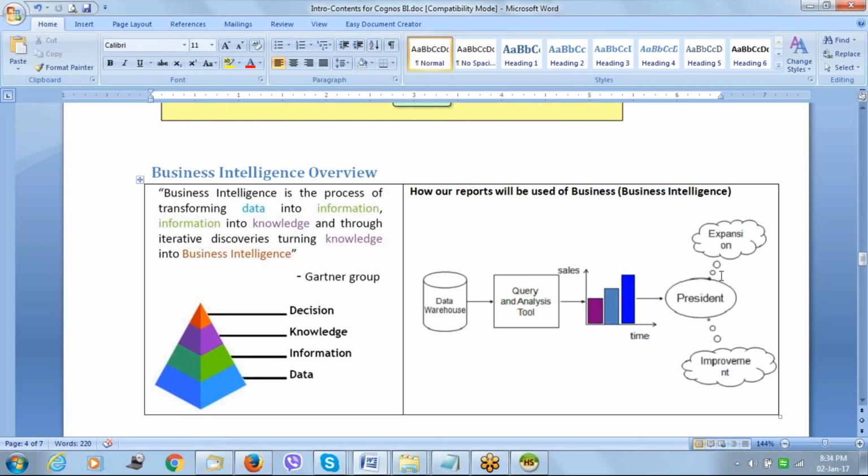Around 10% of the team will be in the reporting part, because a lot of reports need to be generated based upon the customer's requirement. One person will ask, I want a pie chart. Another person will say, no, I don't want a pie chart, I want a detailed report. So the same data can be represented in multiple ways, and the reporting requirement will be more. So there will be more demand for a report developer than an ETL developer.